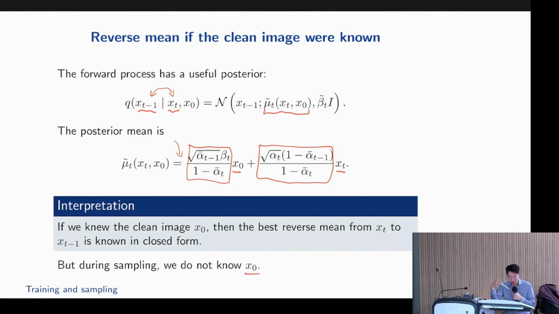So this relationship relates clean image, t-step noised image with the predicted mean of xt minus 1, one-step denoised image. And that's related through this formula just by the definition of our noising step Q. But the problem is we don't know this guy during inference.